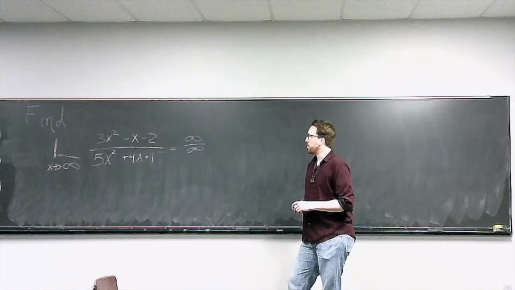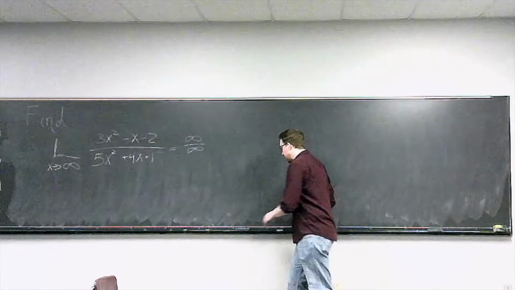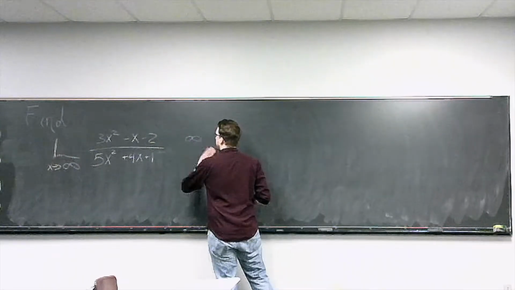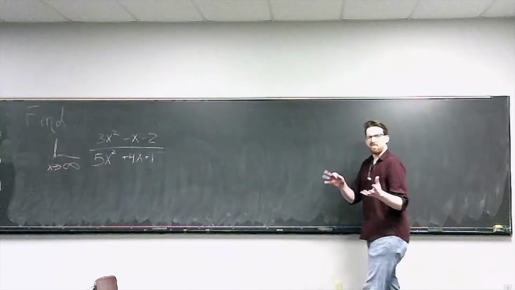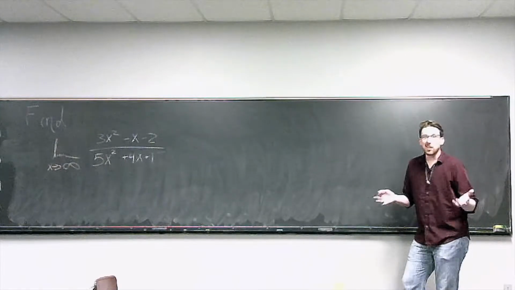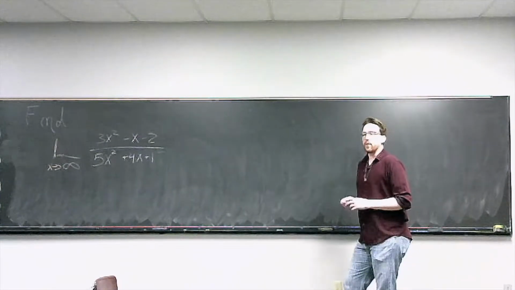Okay, so if that's not the answer, what are we going to do here? Take a couple seconds to think about this. What might we do that doesn't functionally change anything? It could help us solve this.